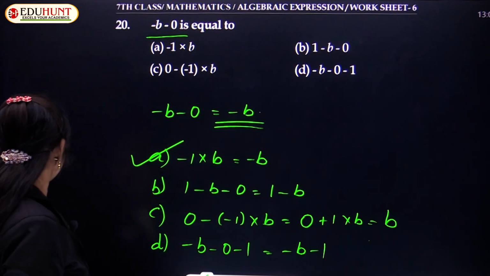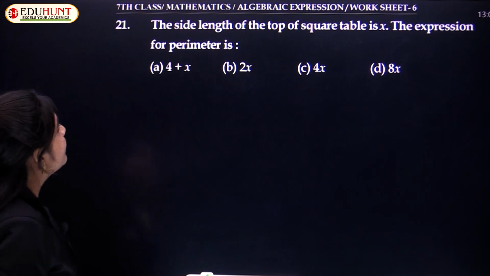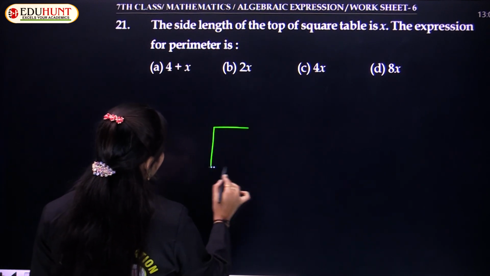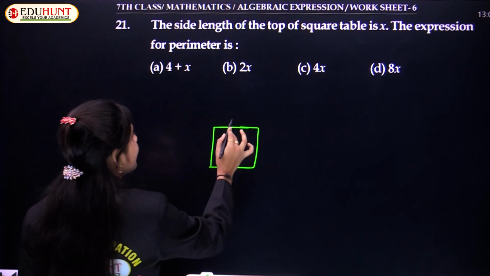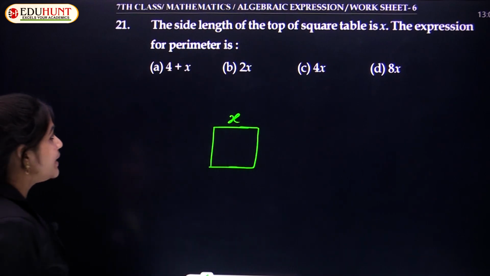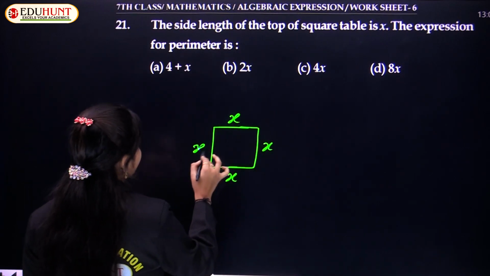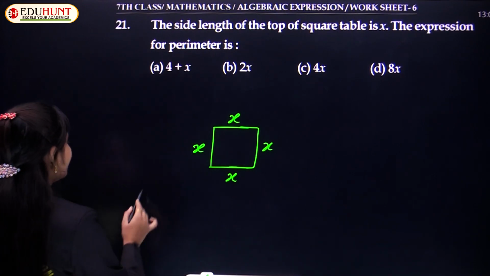Next, the 21st question: the side length of the top of a square table is x meters. The expression for perimeter: here x, here also x and here also x. Now what is the perimeter of a square?